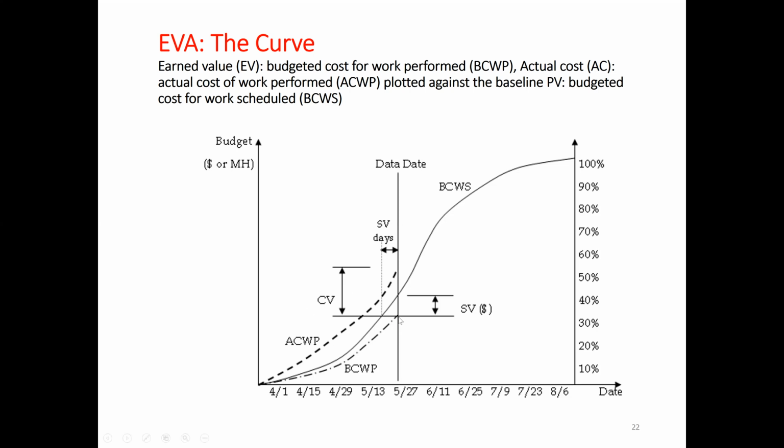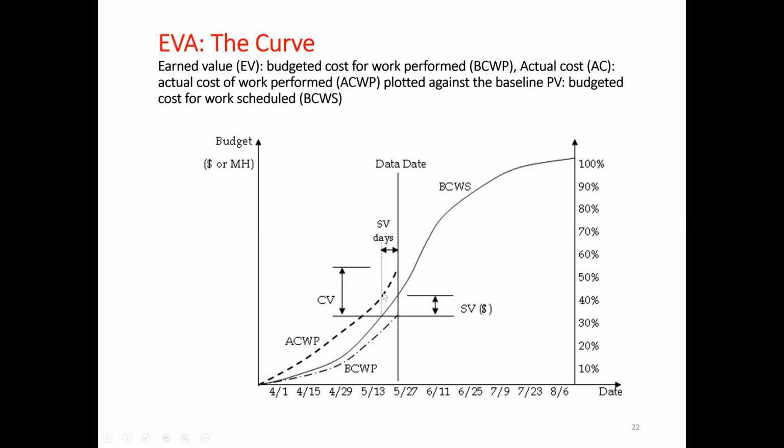PV is here, and EV is here. Budgeted cost of work performed is 49,000. Our PV is 55,000 up to this point, and the value for actual cost of work performed is here.